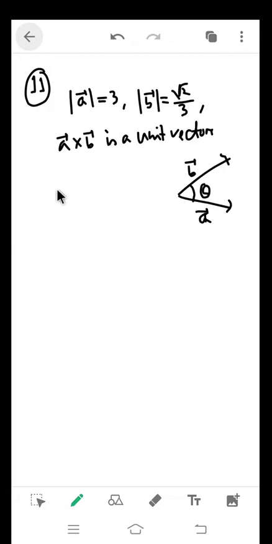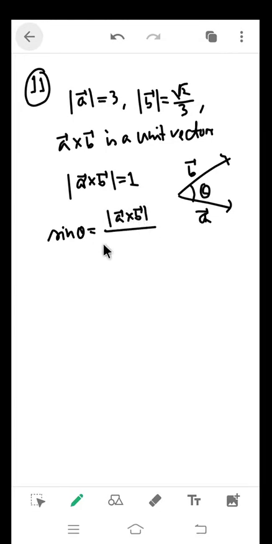So you know that there is a formula. You know that mode of A cross B is 1 because it is a unit vector. Since the cross product is given, you can go by the second formula: sin theta equals mode of A cross B divided by mode of A into mode of B. So you put their values, 1 divided by 3 into root 2 by 3.